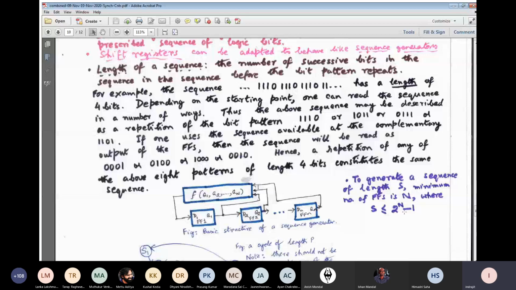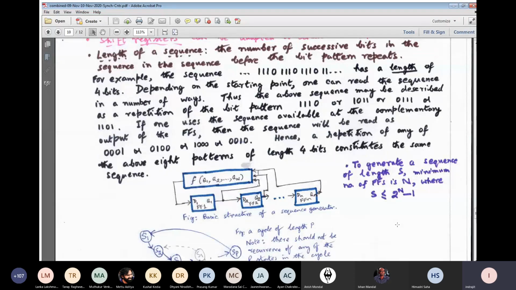So it is not possible for us to go there. We are just interested in circuit realization of the various sequences, and we have to be satisfied with using the minimum number of flip-flops, but at some point of time we may fail. That means the prescribed minimum number of flip-flops may not do. Then we have to keep on increasing the number of flip-flops till we are able to realize a particular sequence generator.